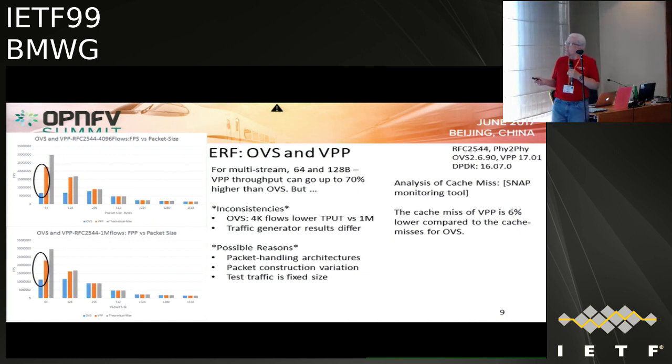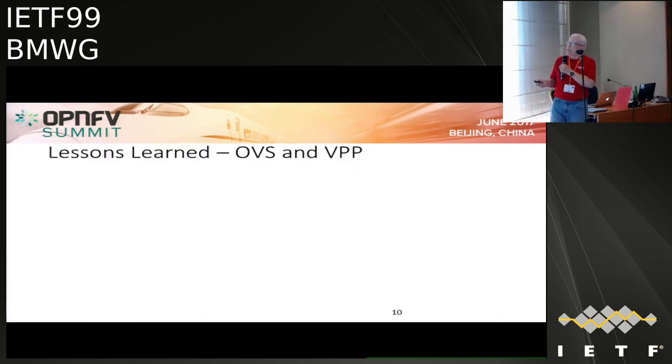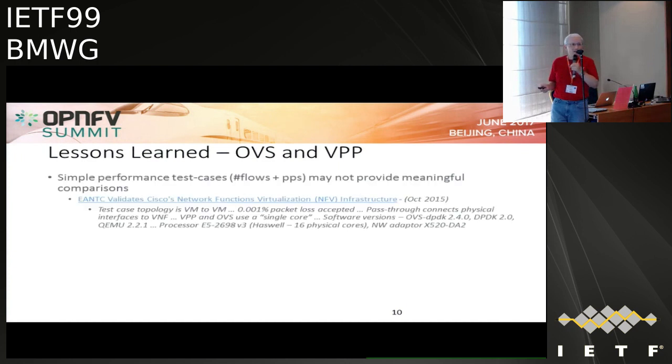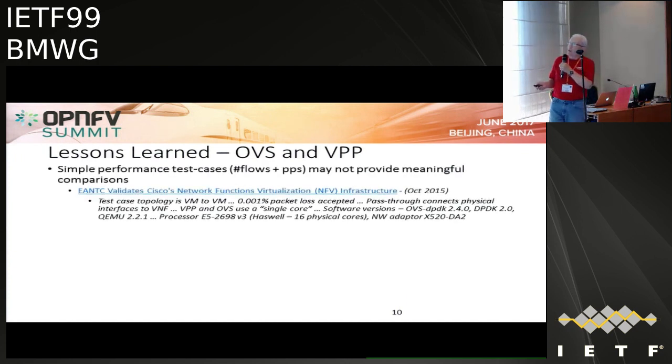All right. So people thought that cache miss was supposed to account for the difference in performance between VPP and OVS. It requires further analysis, apparently, because we didn't actually see a difference when we looked at the cache miss results. So here are the lessons learned. Simple performance test cases may not provide meaningful comparisons.